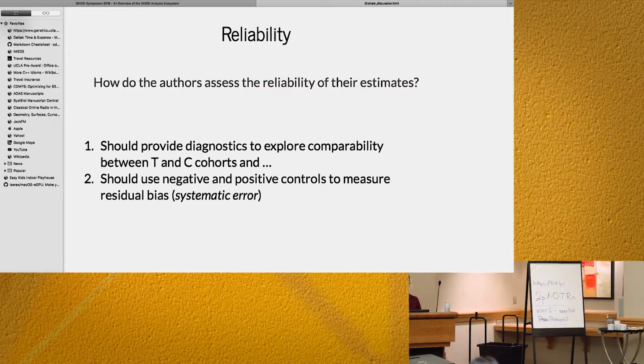Providing this distinction between T, C, and O, time at risk, and outcome model allows that possibility. So not only do we get the full diagnostics for comparability between cohorts, but we can also do positive and negative controls to control for measured residual bias, and a large number of other questions we have about the underlying biological process.